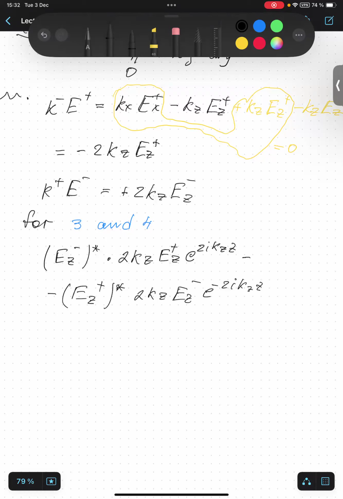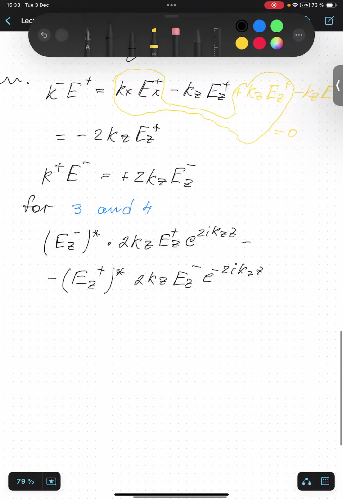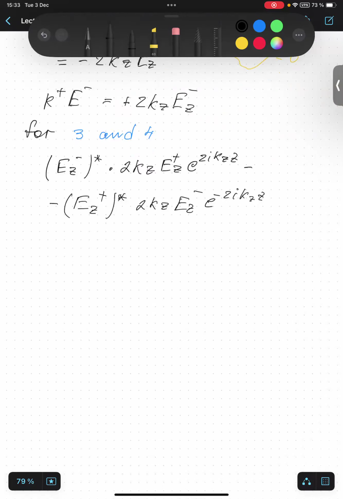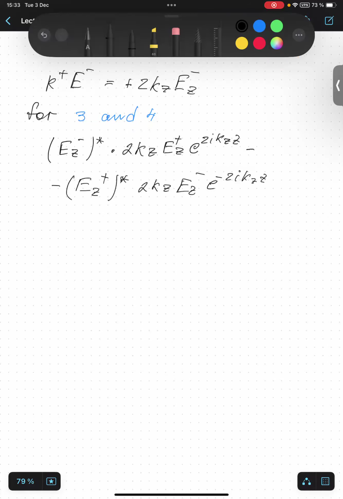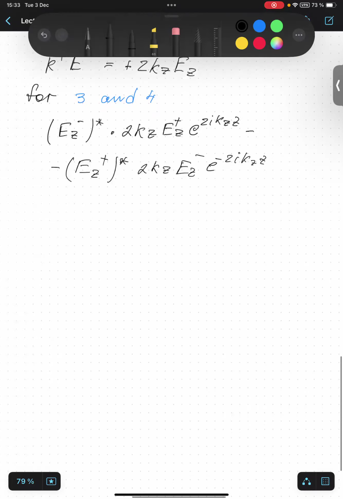Well, again, we see that it is also an imaginary number, because again we have some complex number and we subtract its complex conjugated. And we will just obtain two imaginary parts of this number. Again, for Poynting vector, we are interested only in real parts. So for now, for us, it is also 0.